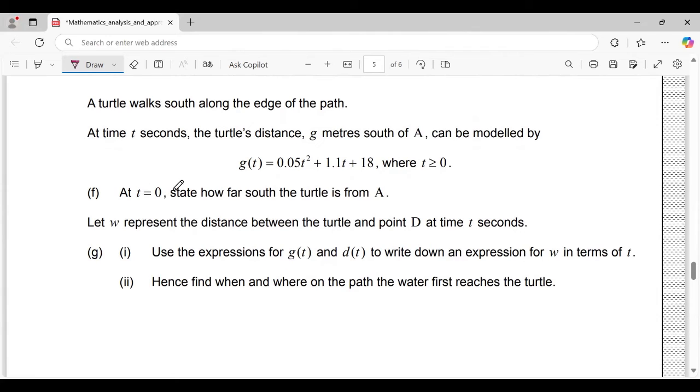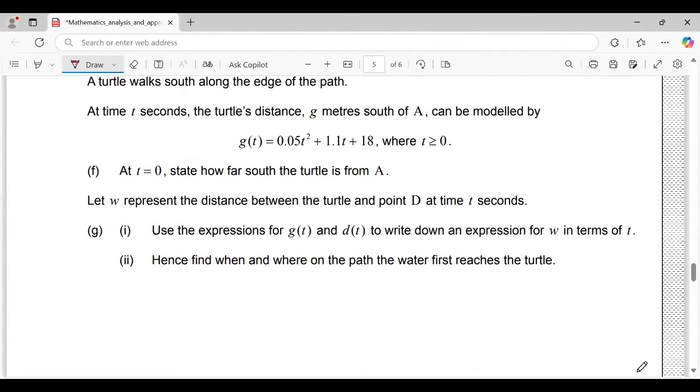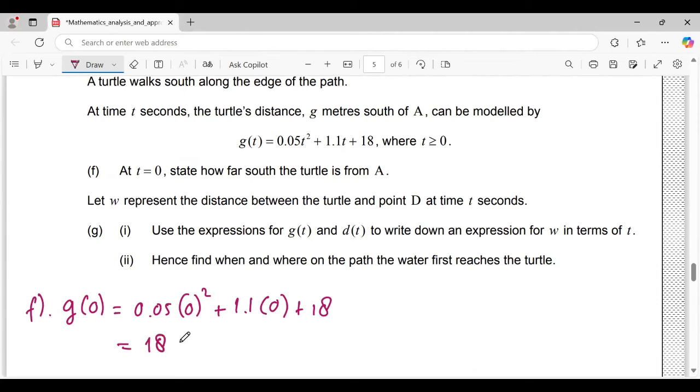At t equals 0, state how far south the turtle is from A. So if t equals 0, g0 is 0.05 times 0 squared plus 1.1 times 0 plus 18. So it is 18 meters.